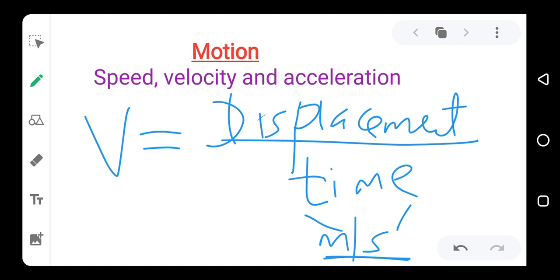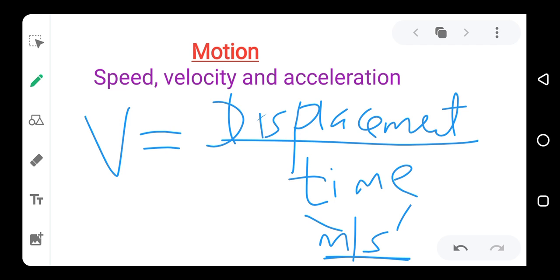If the distance is given to you in centimeter, millimeter, or any other units, you must convert it back to meter for you to use it and calculate your velocity, because the unit of velocity is meter per second.